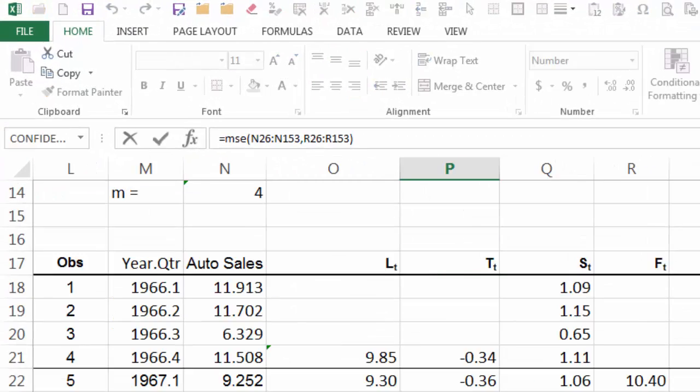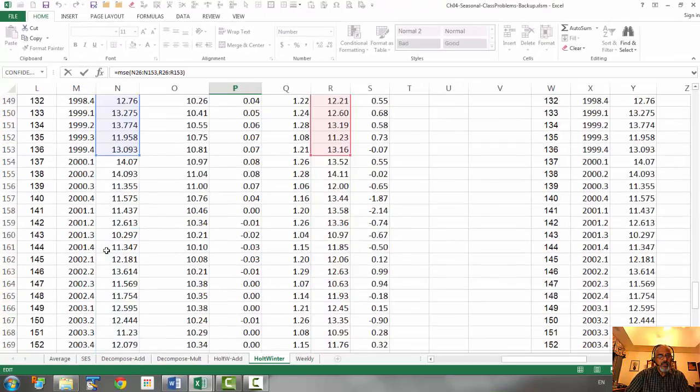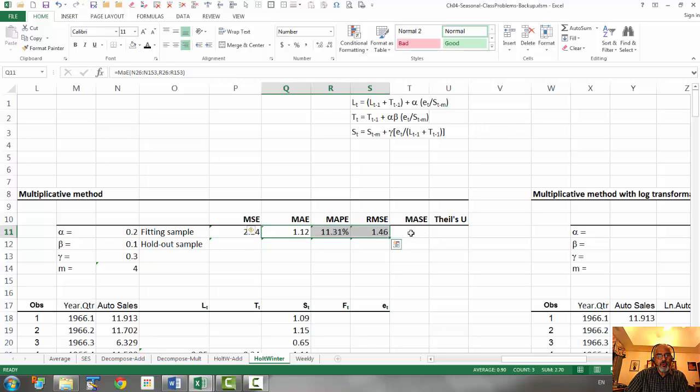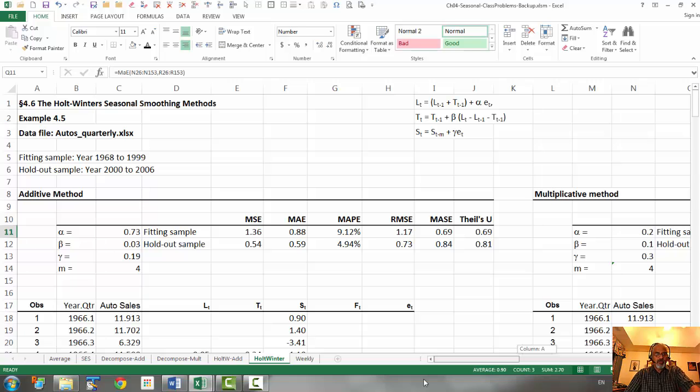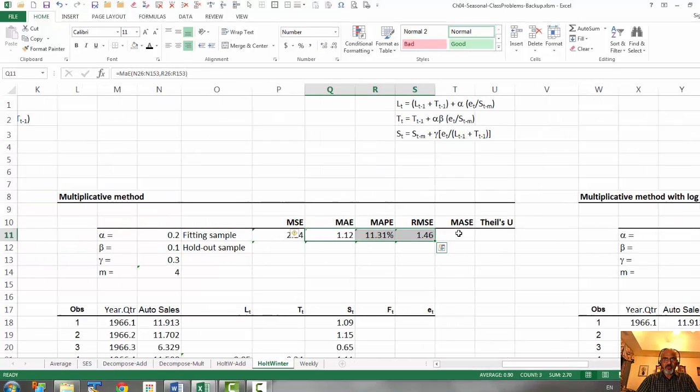Okay, so that will be 68 to 99. That's MSE, and in a similar fashion we can find these three. MASE will be the same two ranges, except the base range will be from 67 to 98. We've already gone through this in the previous example, so it's easy enough.